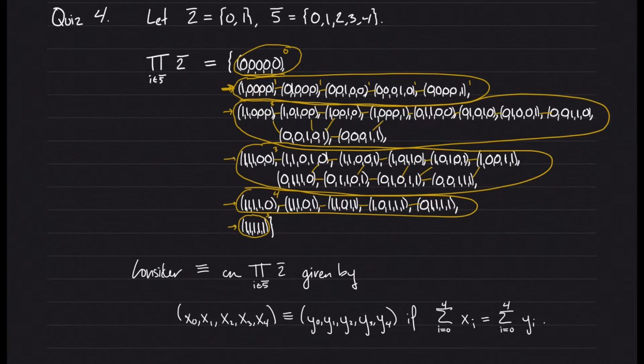So if we were to write this out, maybe I won't do that because it would be a bit tedious, but we have one equivalence class that consists of this guy, and we can notate that like this.